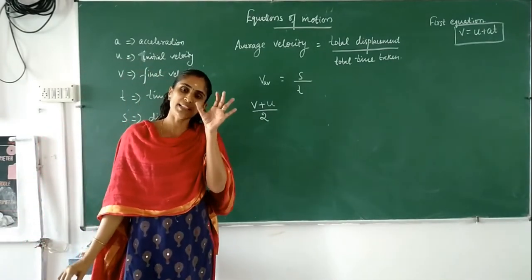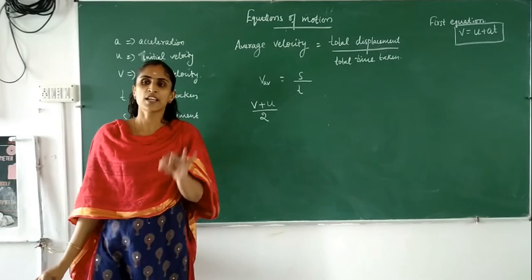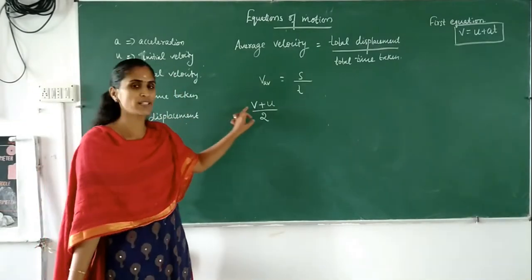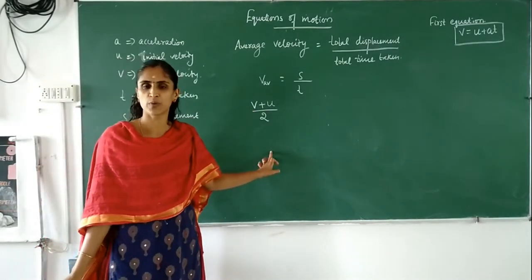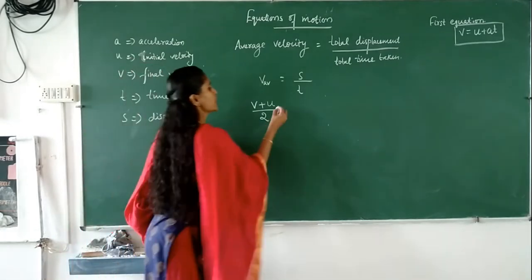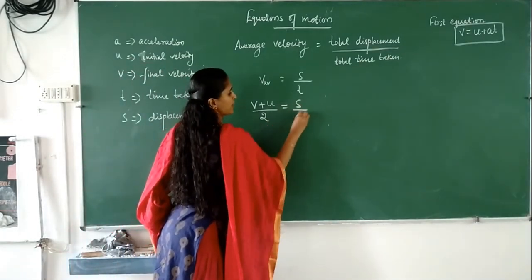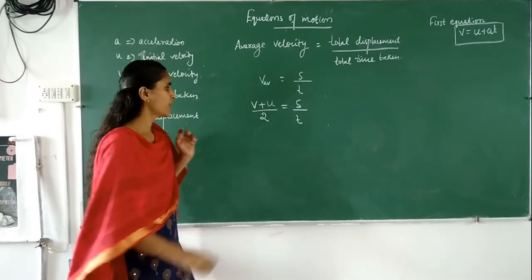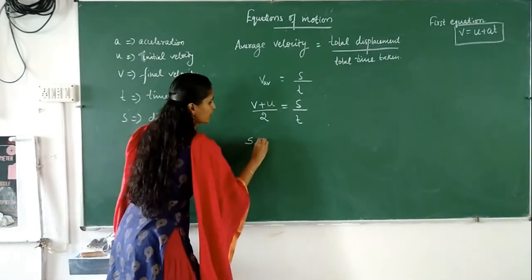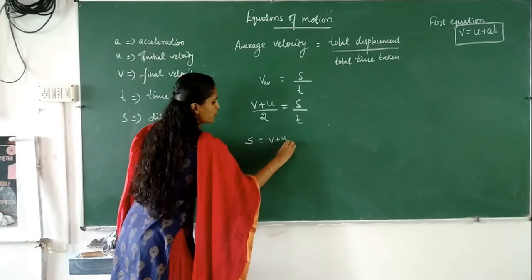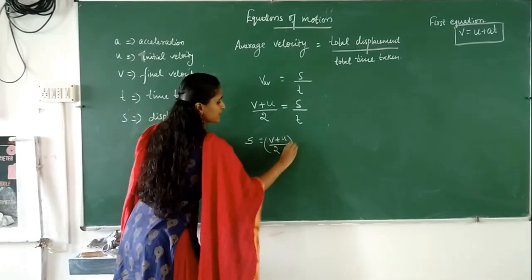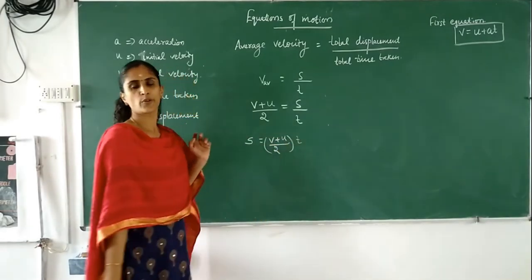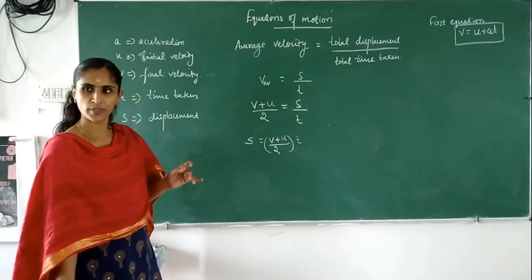Here the object is under uniform acceleration, so average velocity is equal to v plus u by 2. So v plus u by 2 is equal to s by t. Now we can write s equal to v plus u by 2 into t.